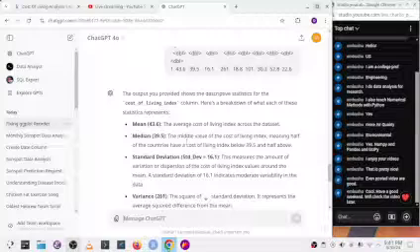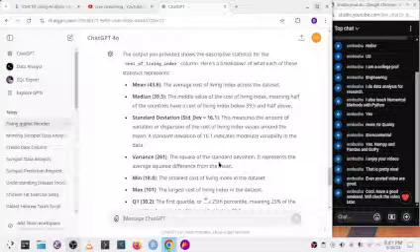This measures the amount of variation or dispersion of the cost. It is the square of the standard deviation. It represents the average squared difference.